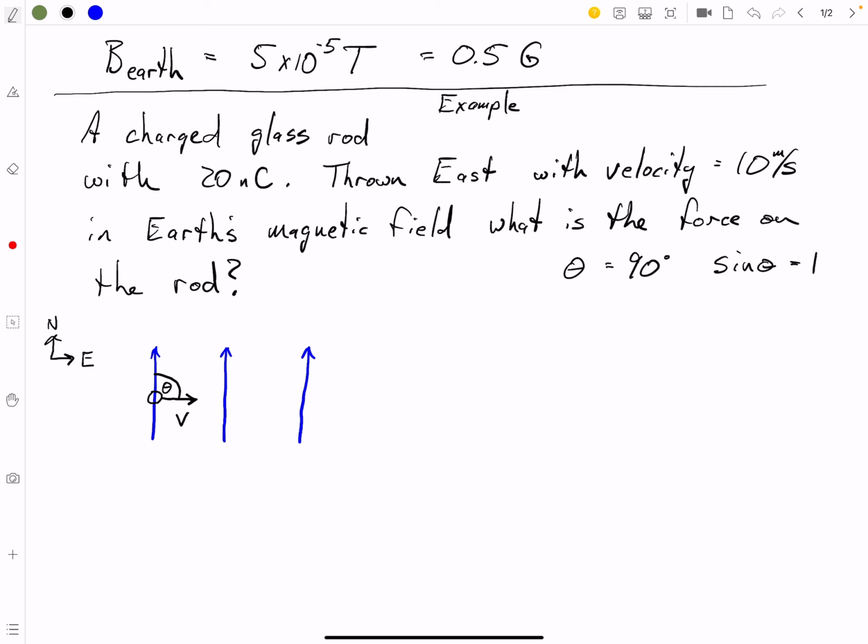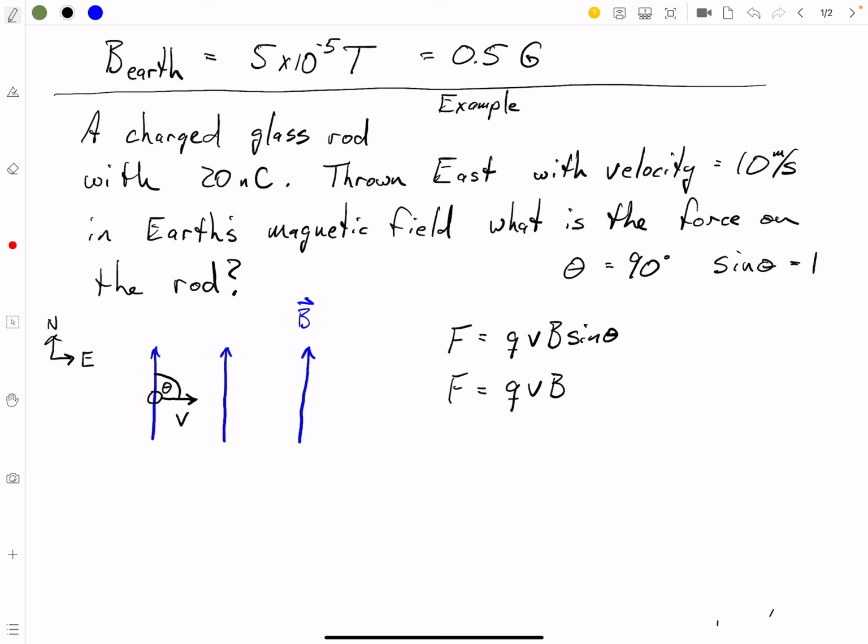Now we can write down our force equation. F equals QVB sine theta. In our case that really is just QVB, because the sine of theta is 1, so we don't need to worry about that.